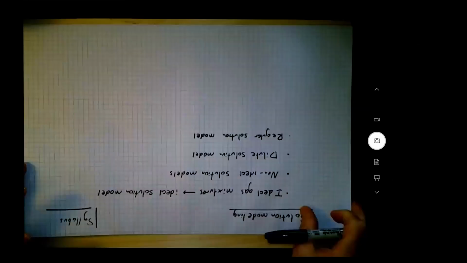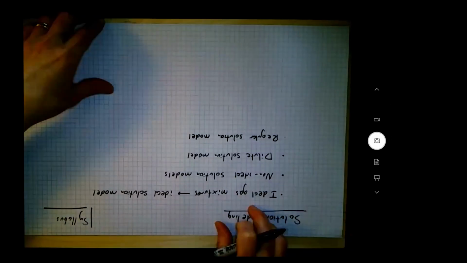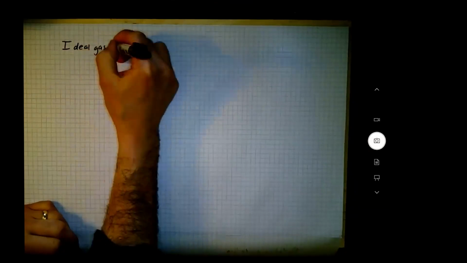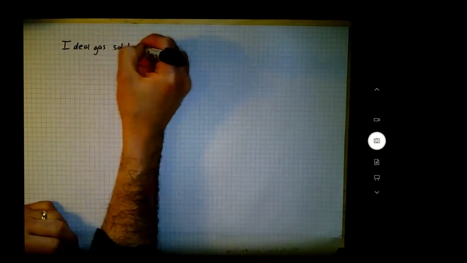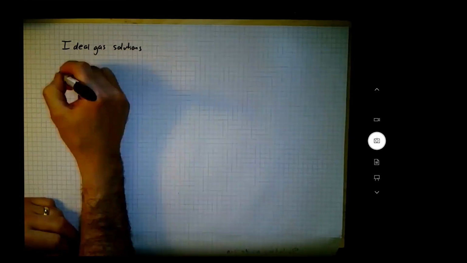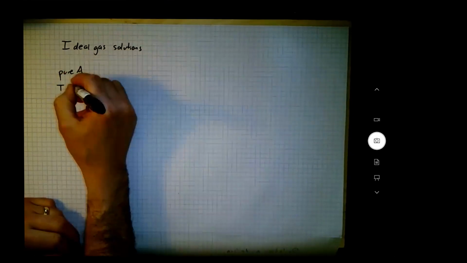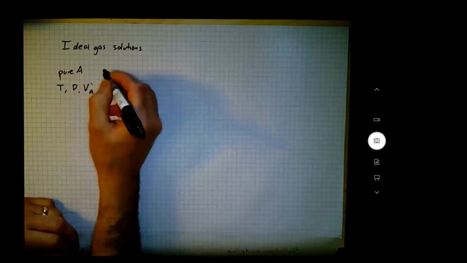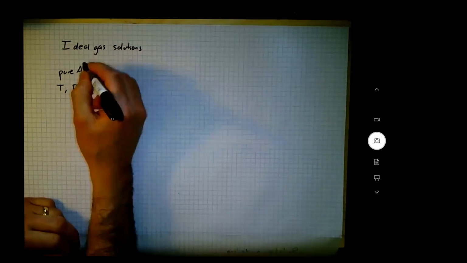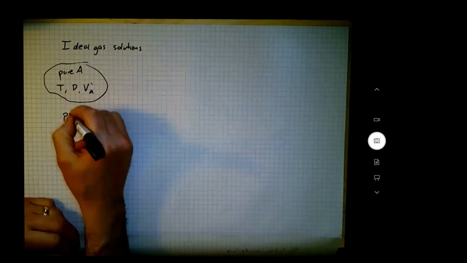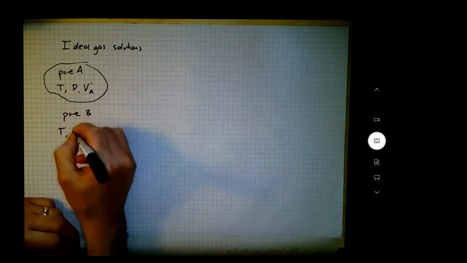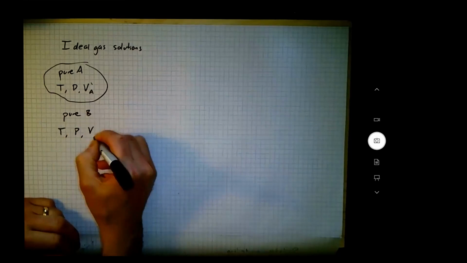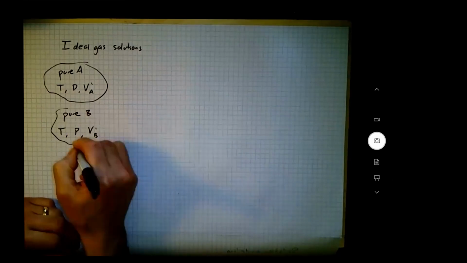Flip this upside down. Better. Okay, so let's talk about first ideal gas solutions. We've already done this, actually. Ideal gas solutions. We have pure A at temperature, pressure, and some volume. And we have pure B at the same temperature, same pressure, and in general a different volume.